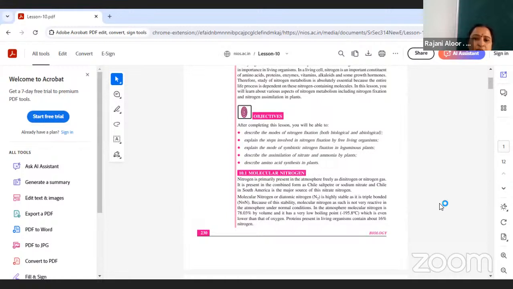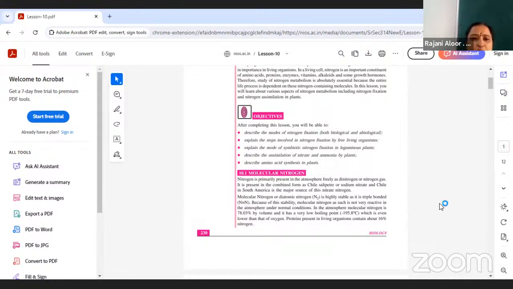It is present in combined form as sulfate or sodium nitrate. Chile in South America is the major source of this nitrate. Molecular or diatomic nitrogen, N2, is highly stable.